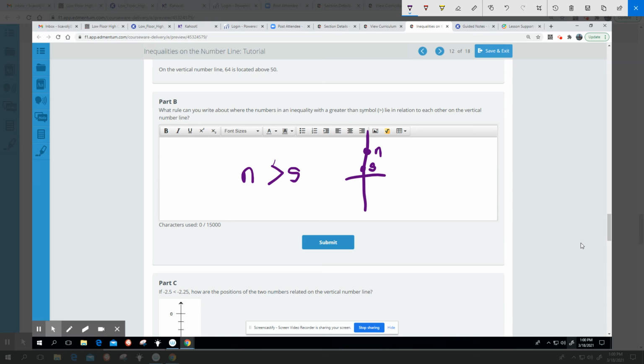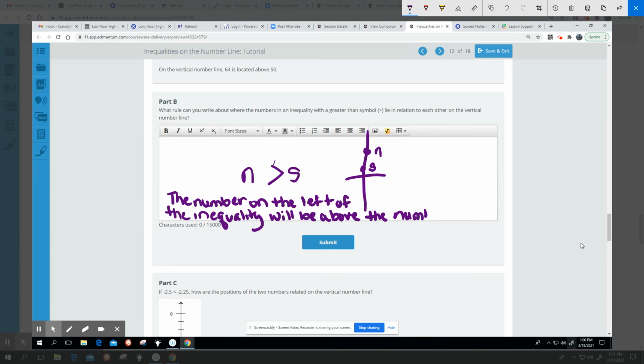So the number on the left, when we use a greater than symbol, is going to be above the number on the right. The number on the left of the inequality will be above the number on the right.